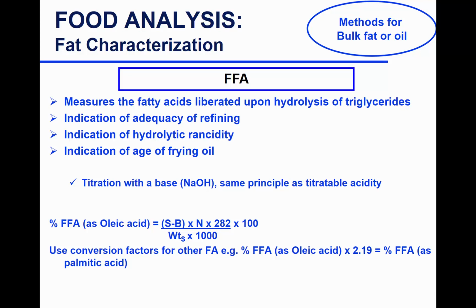The thing we talked about in the lab is you always use the molecular weight of oleic acid, which is not necessarily the dominant fatty acid in all the oils. But you would get it in terms of the oleic acid, and then you correct it by using a factor. For every type of oil, the dominant fatty acid will be used in terms of a conversion factor. So palmitic, for example, you will multiply by a factor of 2.19.